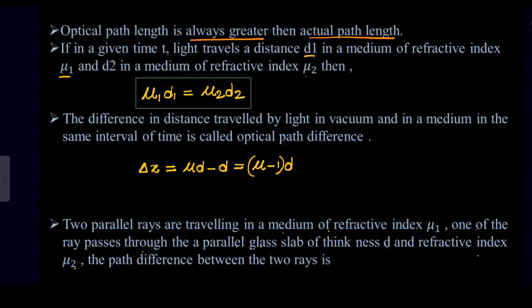Path difference means the distance between those two. Here the first ray, the optical path in the first medium, is mu1 into d.